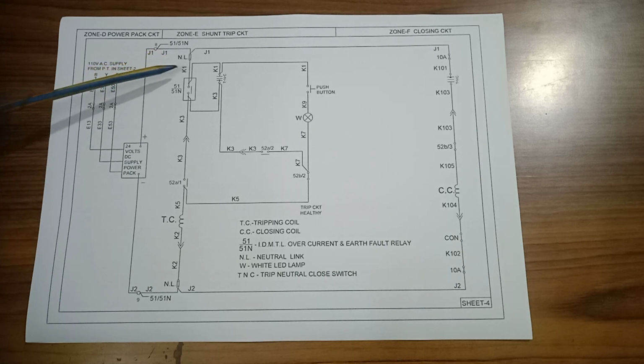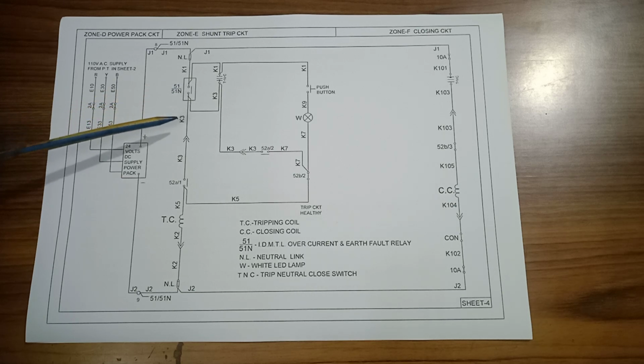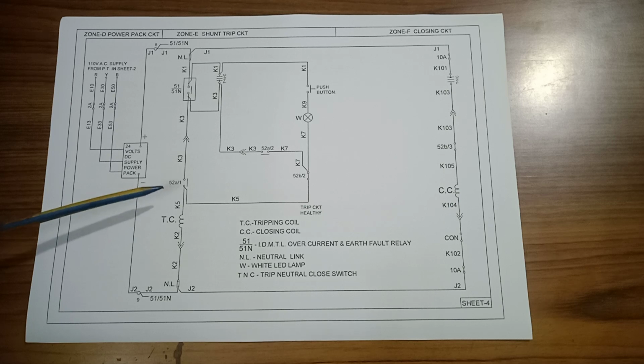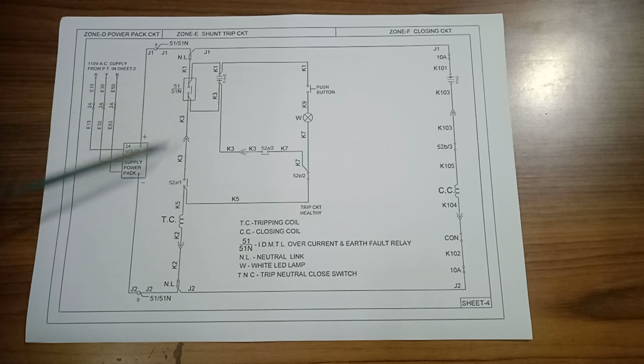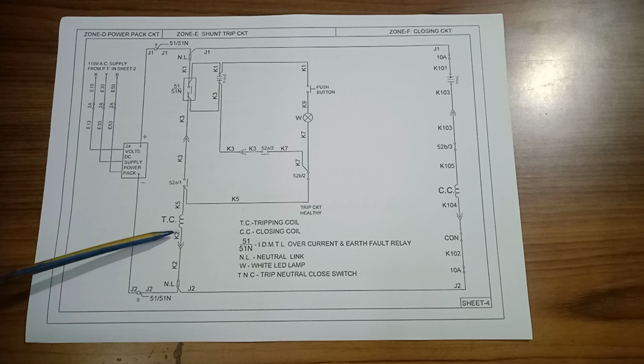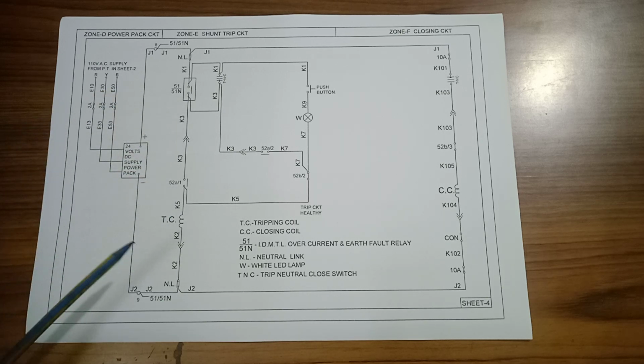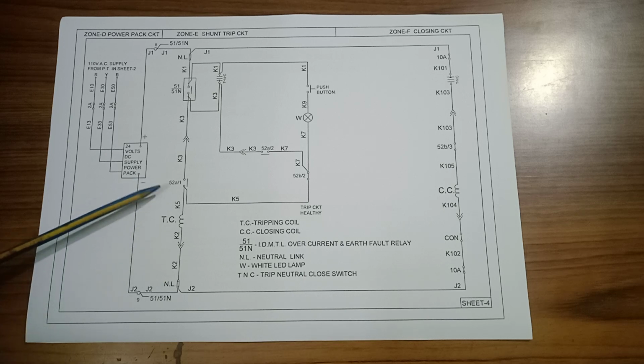Here is the circuit 51 by 51N. Here is a NO contact. When it is closed, 52A by 1 will also close because the circuit breaker is on. Then the trip circuit is energized and the circuit breaker is tripped. 52A by 1 is the circuit breaker's auxiliary NO contact.